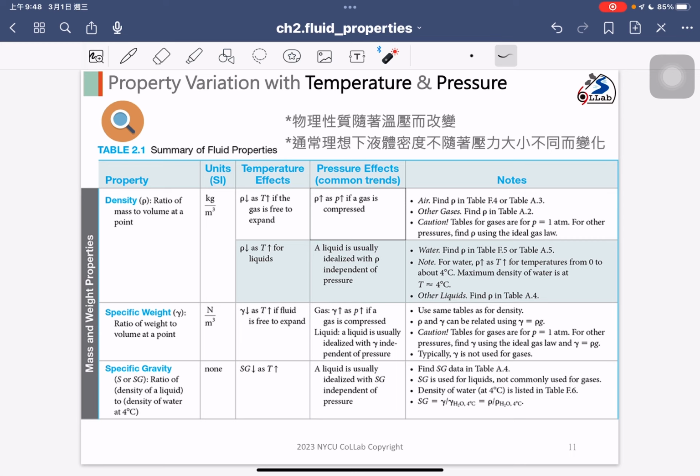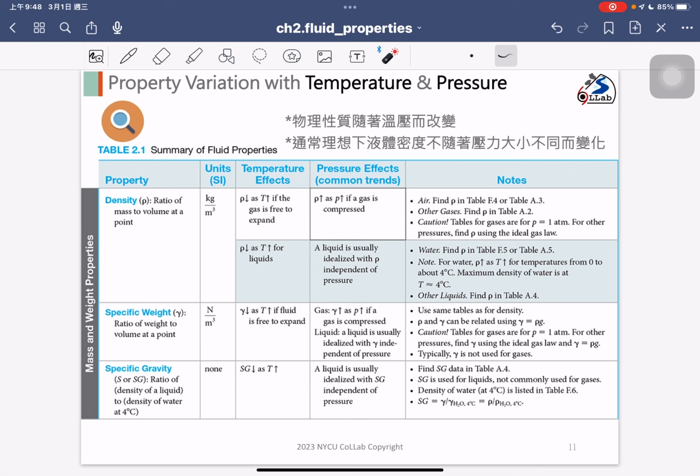So you see the table, it shows the units and the temperatures and the pressures. And there are some notes that are highlighted. If you would like to double check, you can check the tables we have in the textbook. If you check the E3 platform, I already uploaded some important tables and figures on the website.